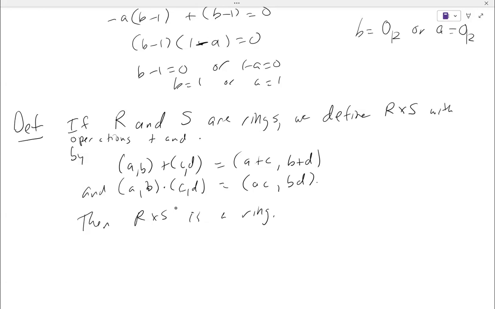What would be the additive identity in this ring? 0, 0.